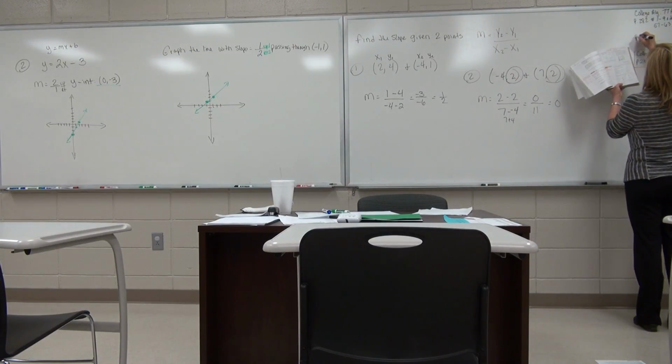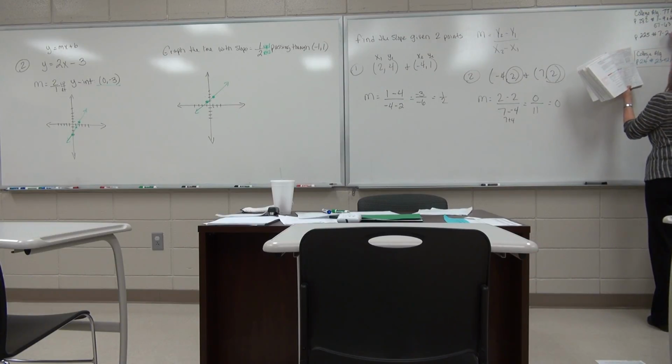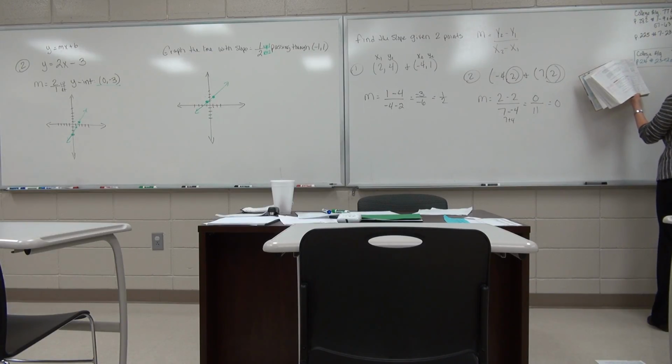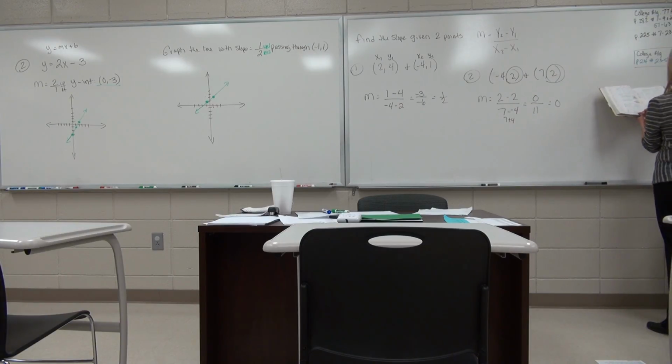So on page 225, you need to do 7 through 23 odd, 25, 27, 35 through 41 odd. And then 45 through 49, and then 53.